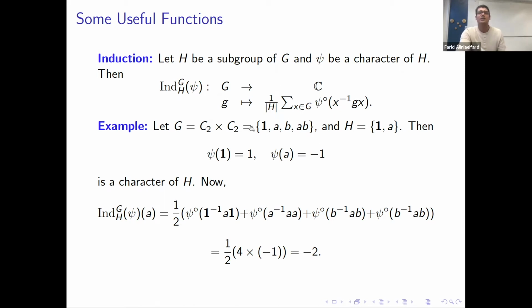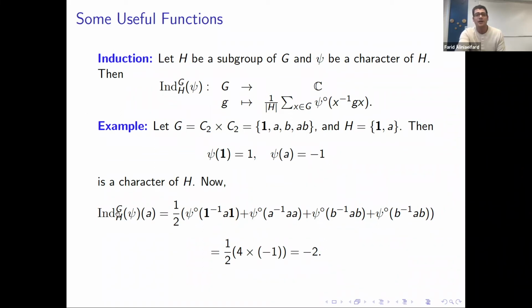As an example, here, if I take this group, which is an abelian group whose elements are 1, A, B and AB, and I pick a subgroup of it, which is 1 and A, then I pick a character of this subgroup, which maps the trivial element to 1 and A to -1.